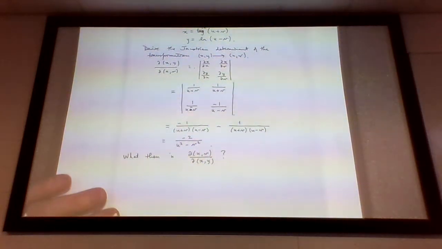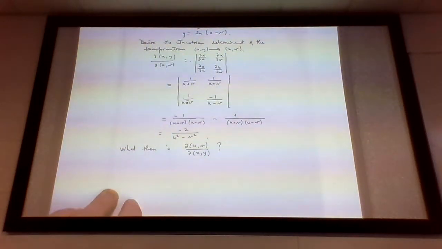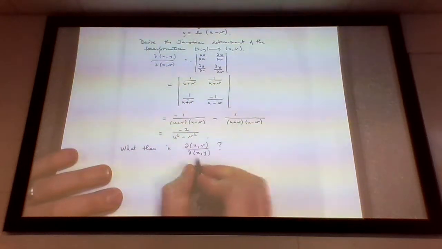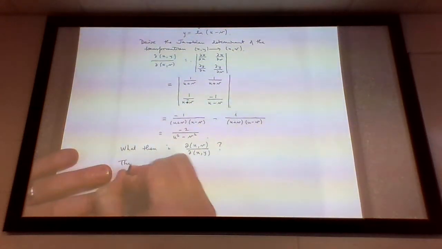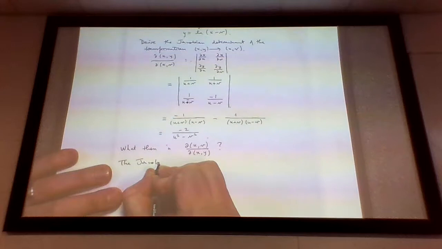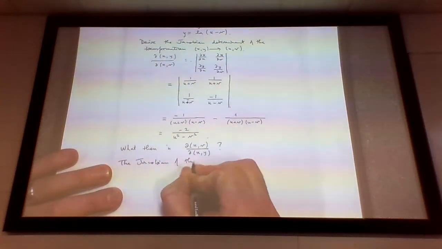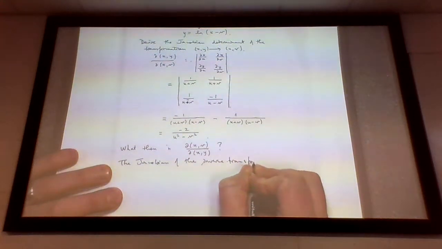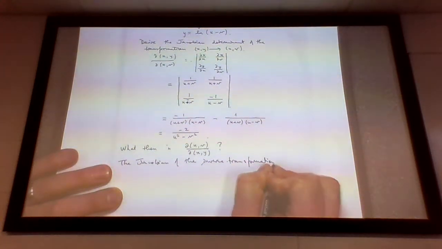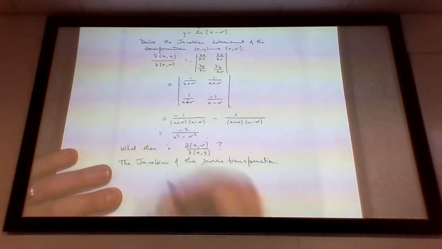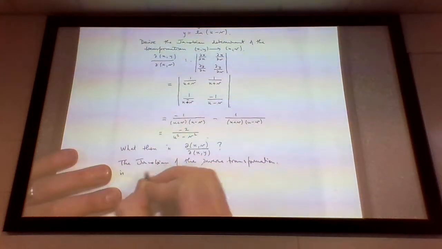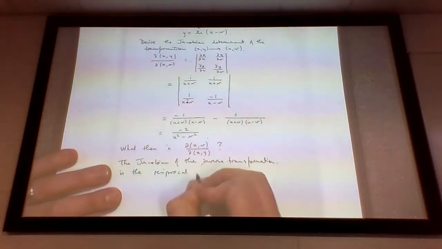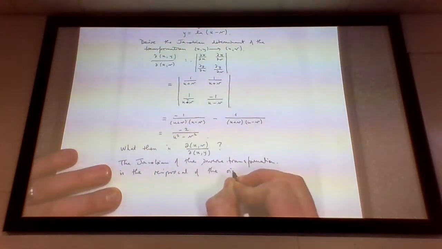So we know from some of the exercises in this section, the Jacobian of the inverse transformation, so going from uv back to xy, is 1 over the reciprocal of the original Jacobian.